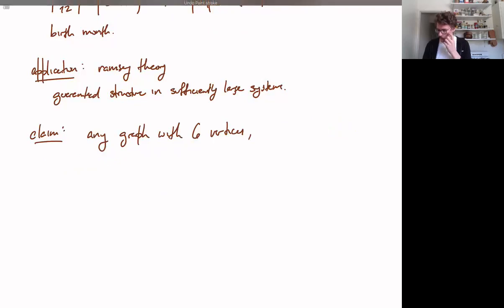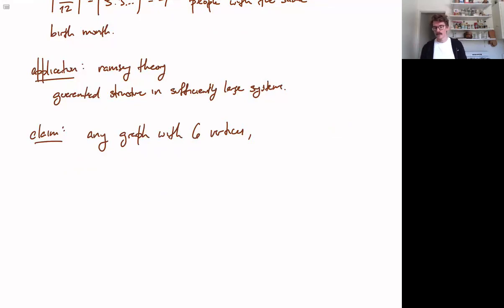Right. So for any graph with 6 vertices, let's not worry about coloring the edges. I was going to say color the edges, but instead I'm just going to say that for any 2 vertices, there might be an edge between them, or there might not. That was the thing that I was going to say in terms of coloring, but let's forget the coloring and just say that there might not be an edge. That's the thing that you can do in graphs.